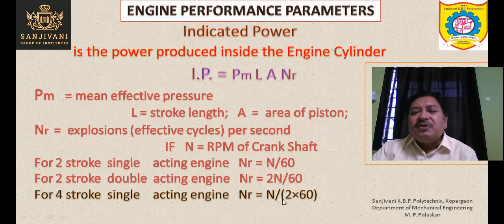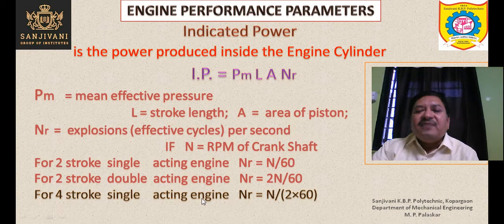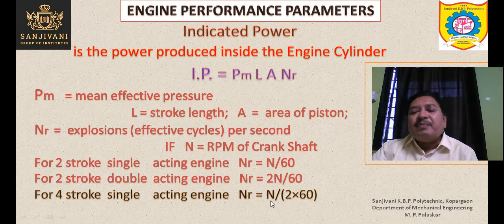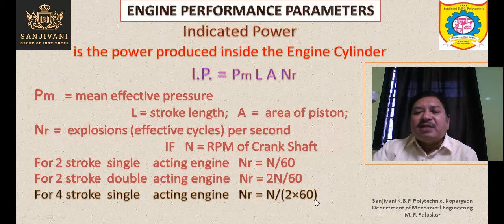So when 2 revolutions are there, we get 1 effective cycle, and therefore the effective cycle is equal to half the RPM, and this 60 is because N is the revolutions per minute, and this NR is in per second, that is explosions or effective cycles per second.